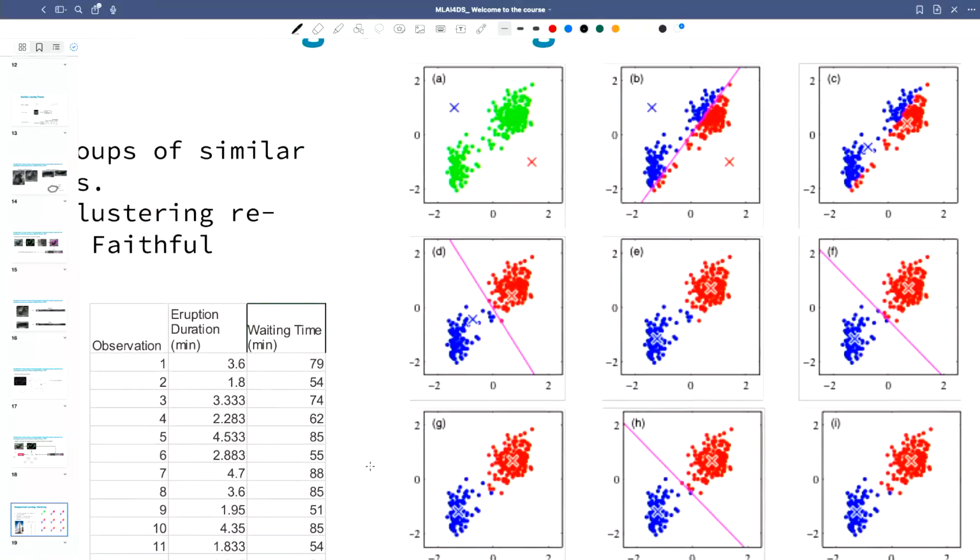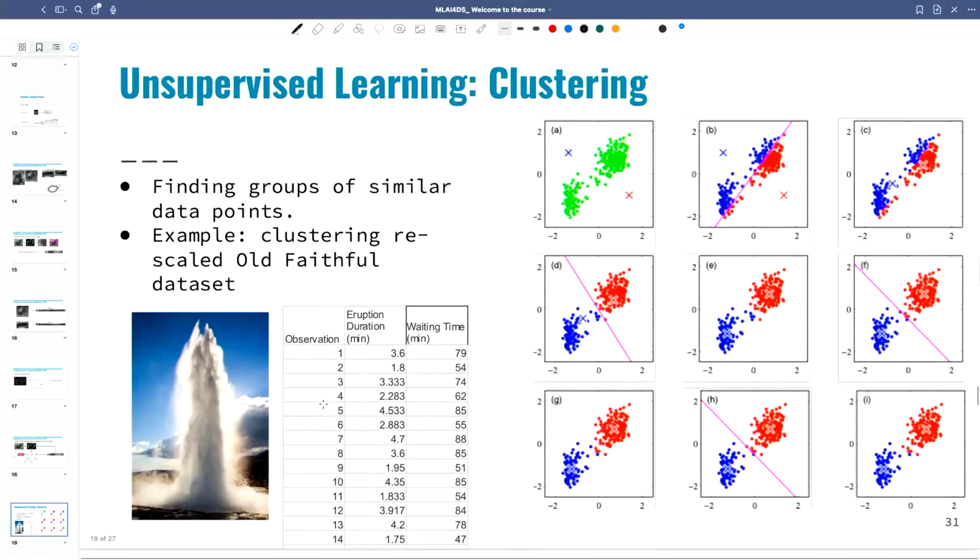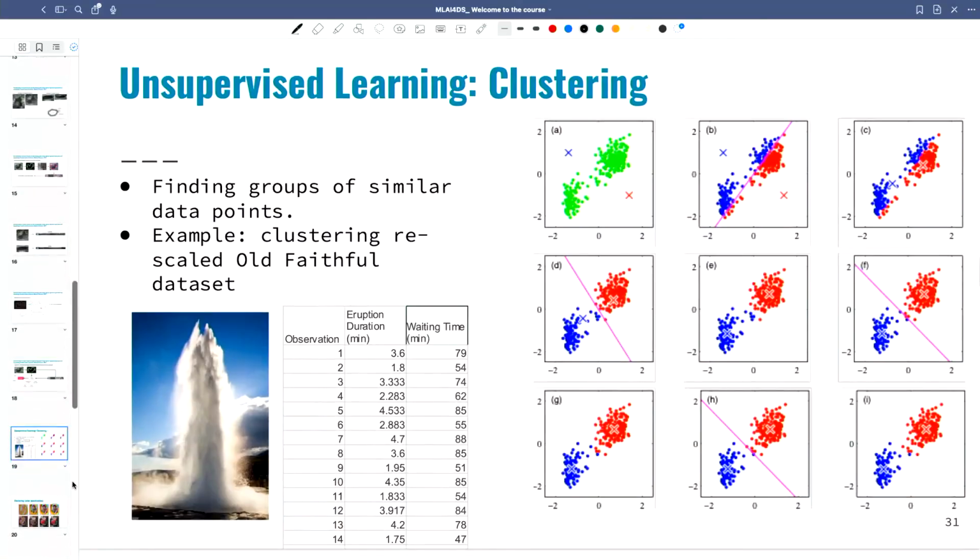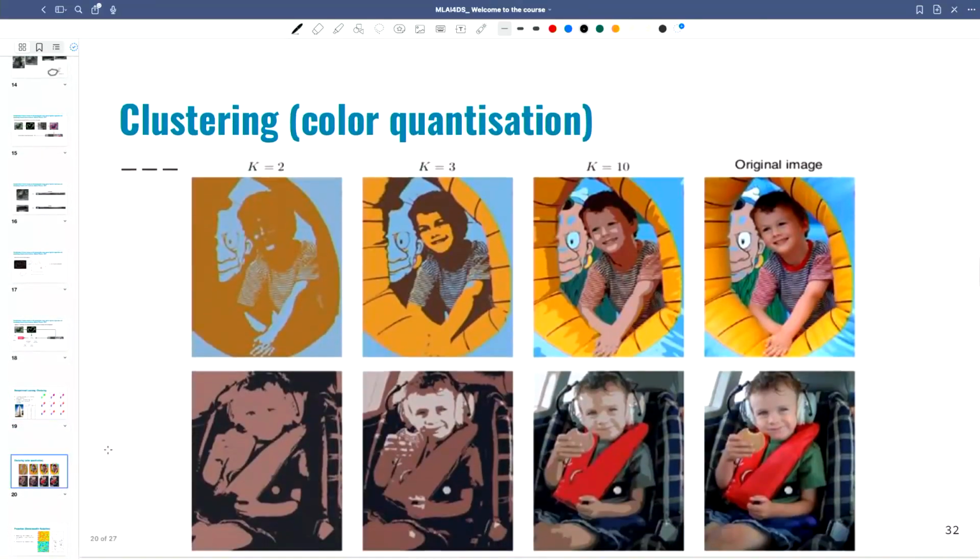So you start with random centers, you update your memberships of each cluster, then you update your centers, and then you iterate until you arrive at convergence. And that's really, really simple k-means. Okay, so I think this could be an eye-opening clustering algorithm.